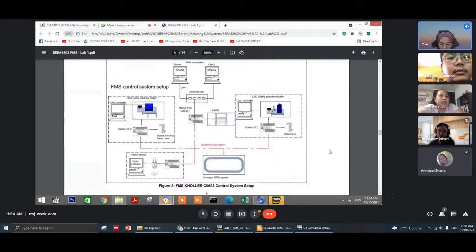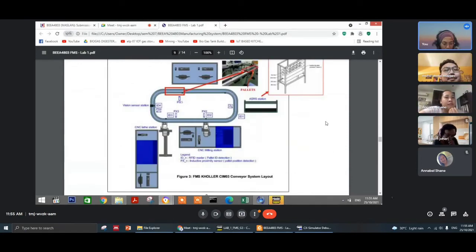Okay. Roughly based on figure 2, we can see all the systems are connected to the F.M.S system, Kholler CIM03 control system setup. So SCADA functions as a monitoring system for all systems, right? In this process, it will actually start from the ASRS station, and it will have 10 units of jigs from the ASRS station.